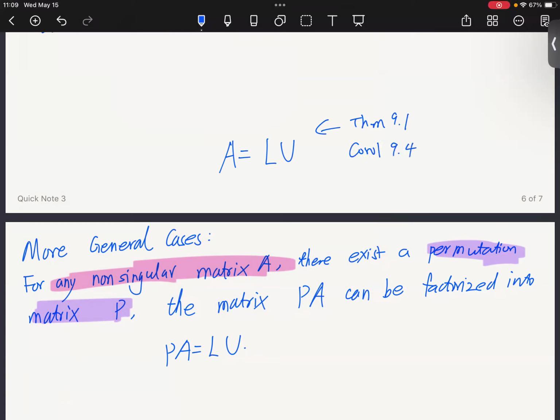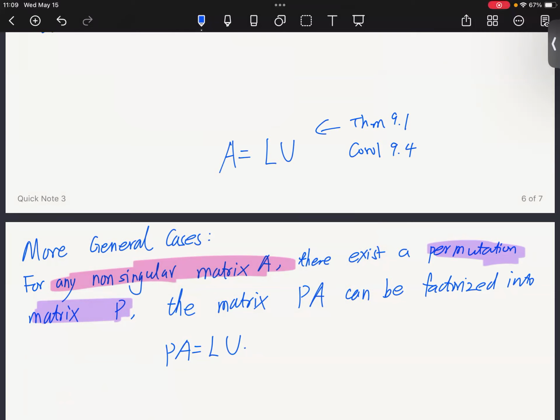We apply the LU factorization to A directly. But for the more general cases, we apply the LU factorization to the permuted matrix, and this is the permutation matrix.